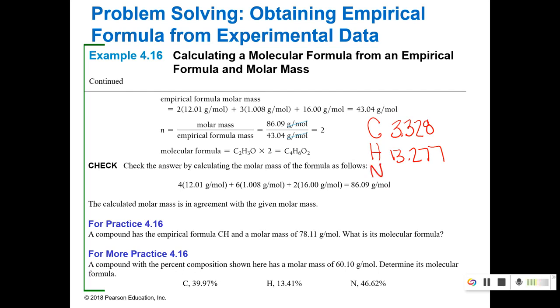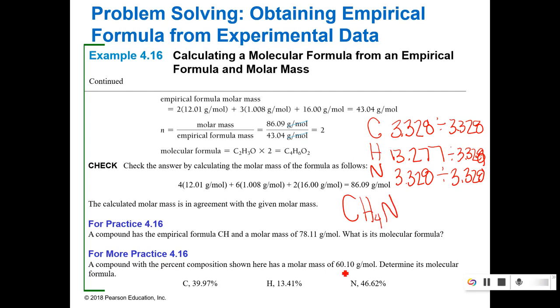Notice that was not O, it's N. 3.328, 3.328, 3.328, so I've got CH4N. That is my empirical.